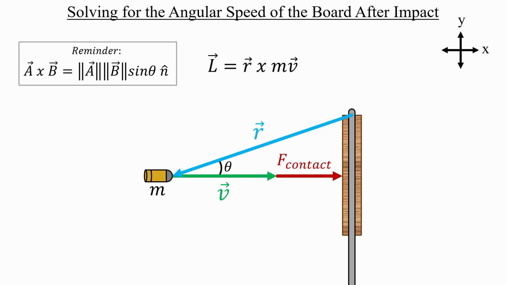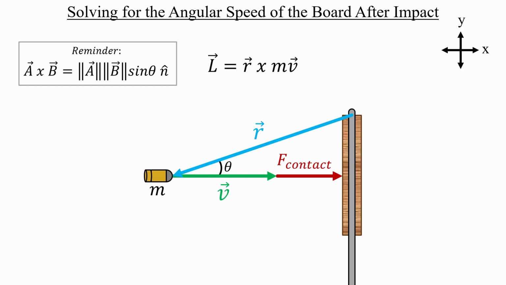The n hat at the end represents a generic unit vector. Its purpose is to point the magnitude of the cross product in some direction. And that direction is always perpendicular to a plane which contains the vectors a and b.